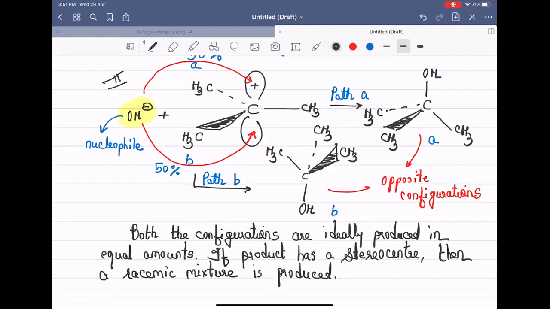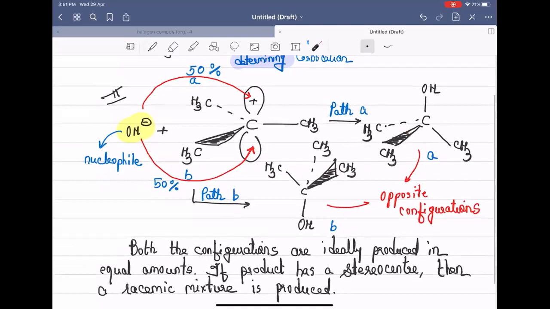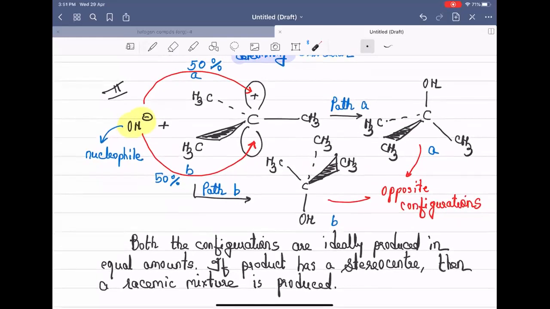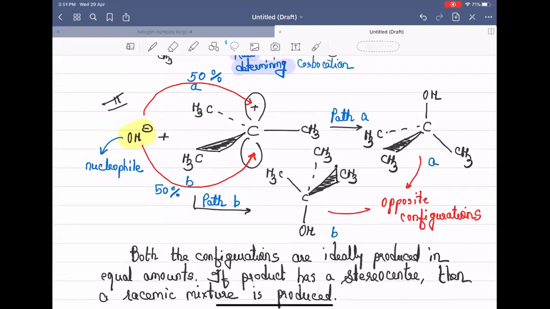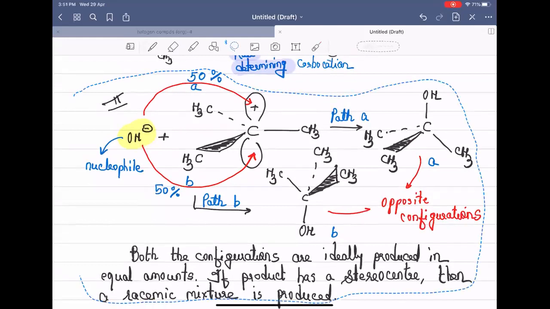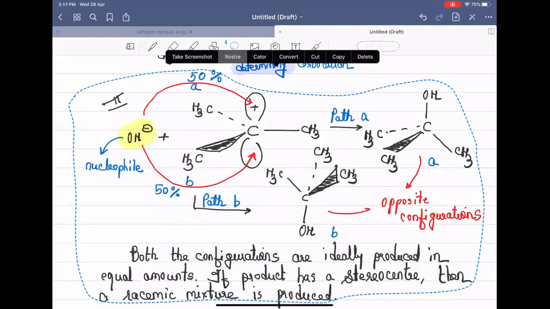So what do you get? A racemic mixture. Why? Because both the configurations are produced in almost equal amounts. So one of the other key characteristics of SN1 is that SN1 always leads to racemization, or SN1 always gives you a racemic product, right? Because both the configurations are ideally produced in almost equal proportion.